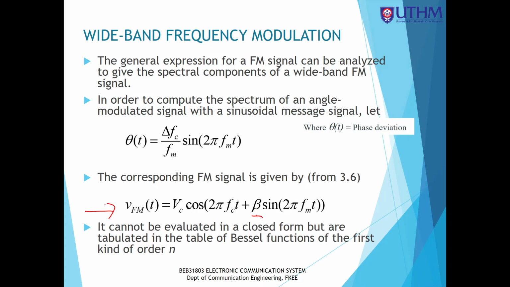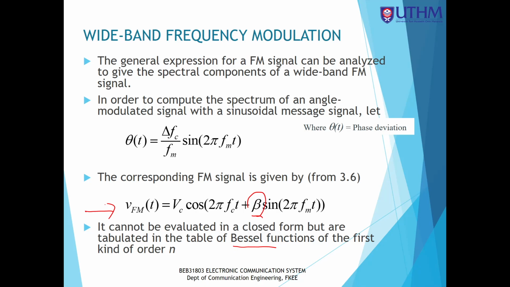So this beta parameter will determine the bandwidth of the FM signal. There are two methods to determine the bandwidth. The first method is to use the Bessel function. Another method is to use the Carson's rule. You will see later about this.